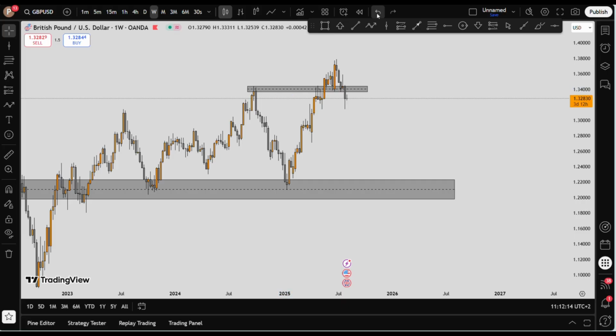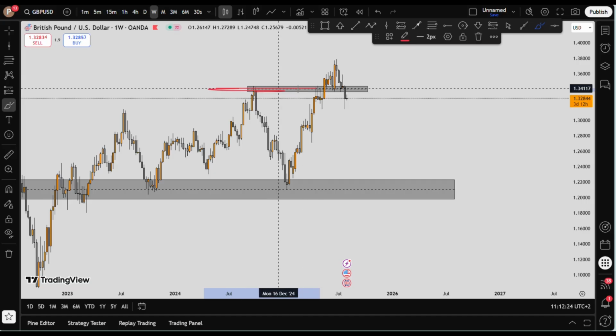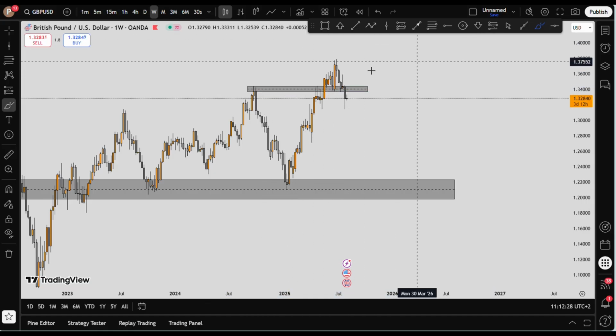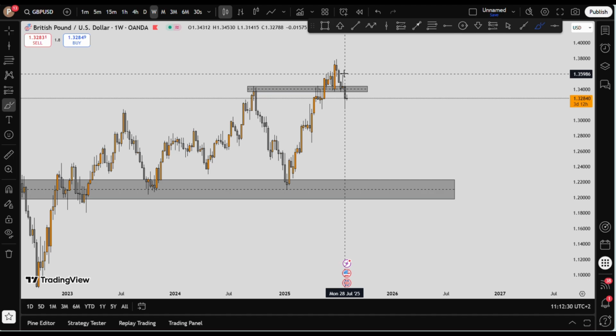But now when broken to the downside, like it happened here, it becomes resistance, right? So I'm using this high as well to add confluence to my idea that this zone is broken, right?